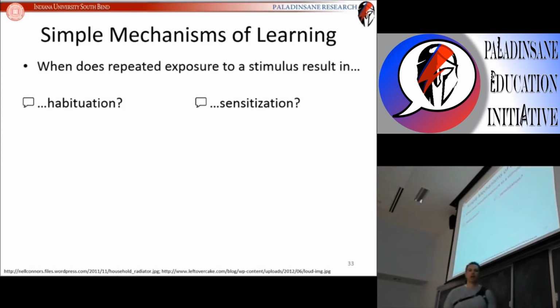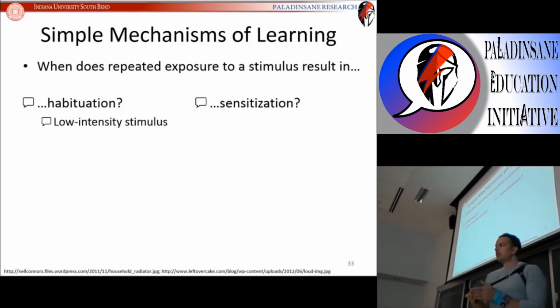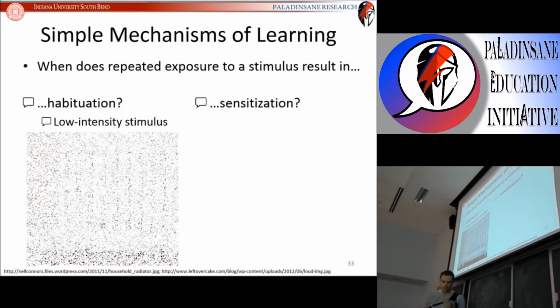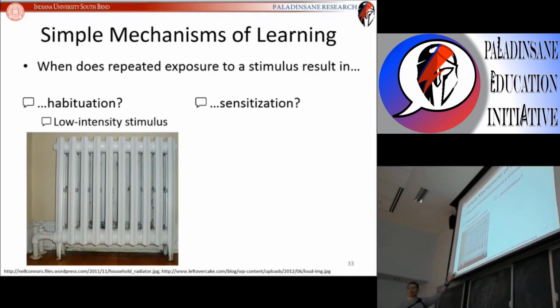All right, so a stimulus is going to result in habituation typically, none of these are 100%, if the stimulus is a low intensity stimulus. Things like the hissing of a radiator, things like fluorescent lights that are very low intensity, those will habituate and your response to those will decrease.